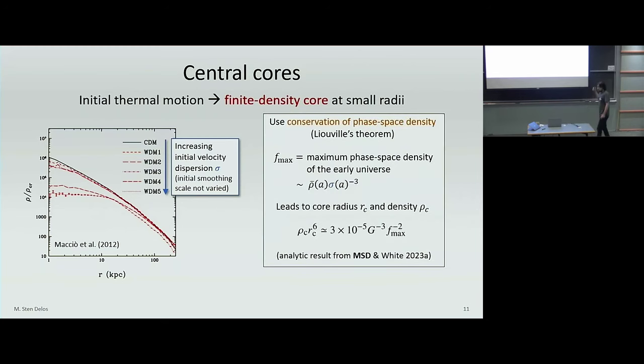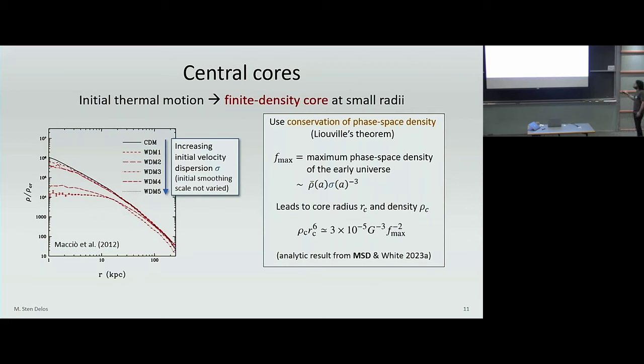Okay, so we can calculate this analytically, and the idea is to use conservation of phase space density. That's Liouville's theorem. So you can evaluate the maximum phase space density in the early universe. That's essentially the spatial density of the dark matter divided by the volume that it occupies in velocity space. And then you say that this maximum phase space density cannot be exceeded inside any later structure.